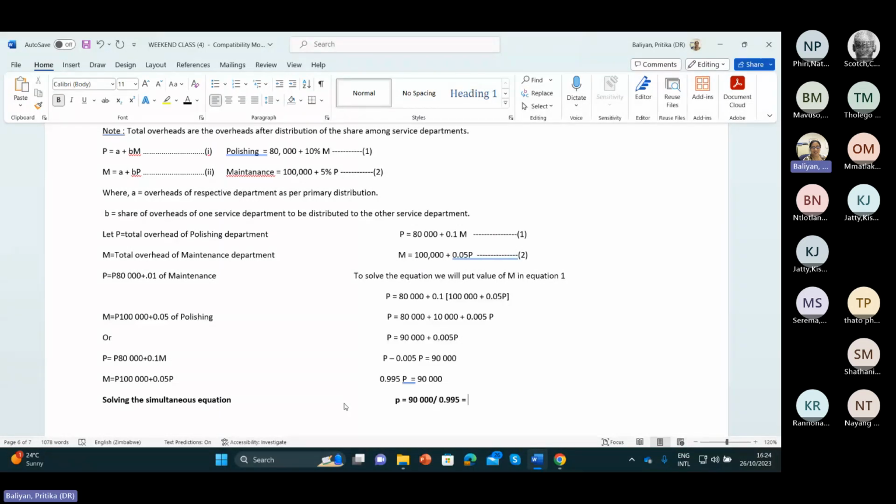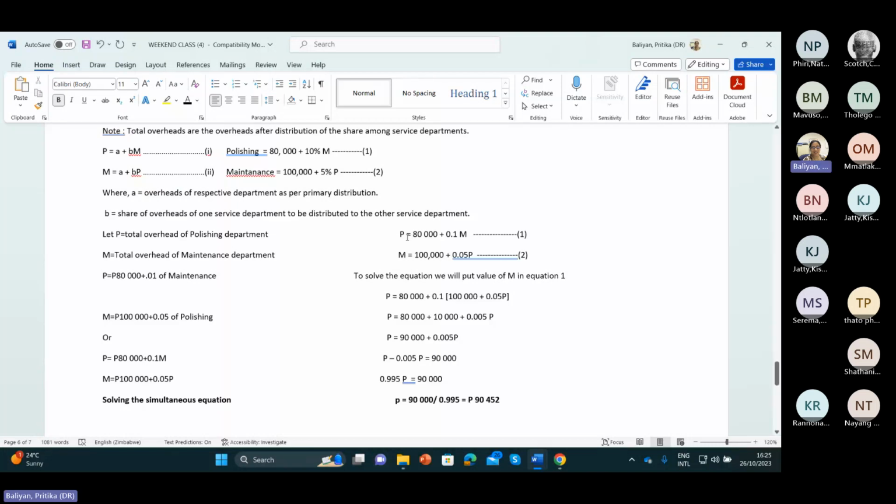90,000 divided by 0.995 is 90,452.26. So we will round off the figure to 90,452. So the total cost of the polishing department, after adding the 10% from maintenance, will become 90,452.